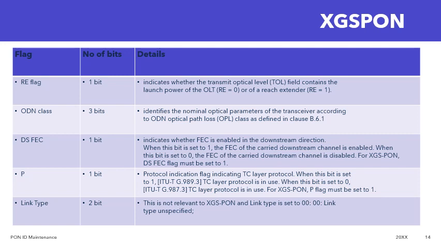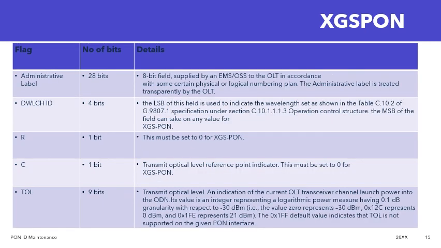Going by each bit gives the information about the OC structure, but we are interested only in the ODN class, which is 3 bits, and the combination of administrative label and downstream wavelength channel ID. These 32 bits as a whole will be the ID for the PON line in case of XGS PON. The TOL, 9 bits, will range from minus 30 dB to 21 dB at a scale of 0.1 dB, where 0x1FE represents 21 dB and 0x1FF, the default value, indicates that TOL is not supported in the given PON.